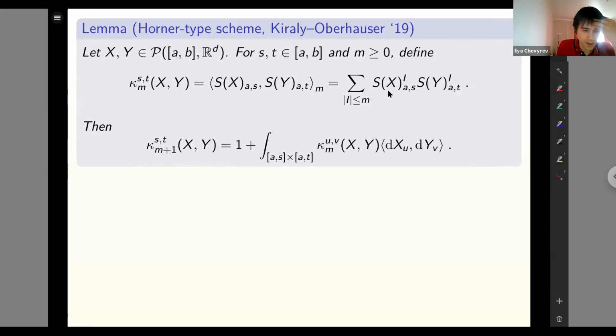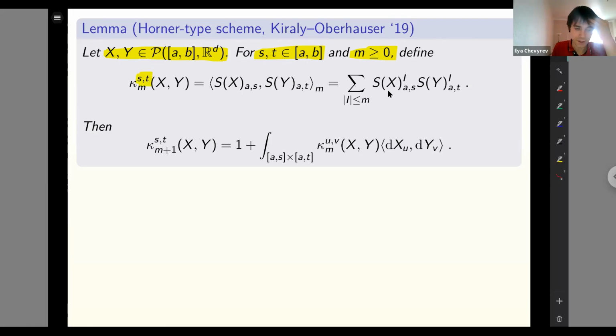So consider two paths x and y. For two times s and t in the interval [A, B], and some truncation level m, which is non-negative, we define a time-dependent version of the kernel that I just presented. It looks exactly the same as before, except it's indexed by s and t.